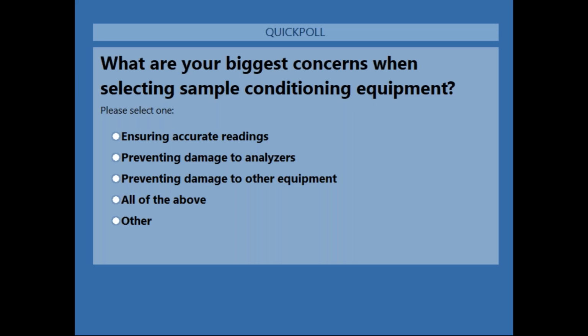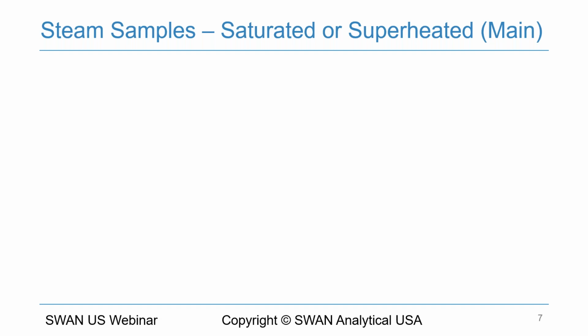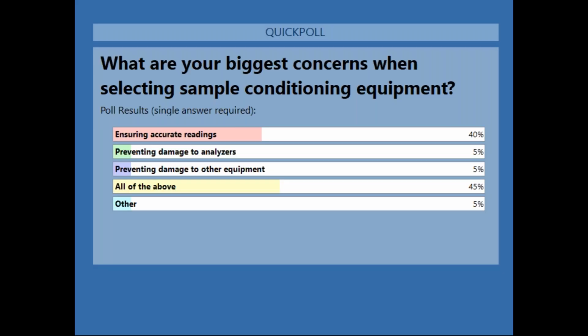A lot of feedback coming in here. Still collecting responses. We'll keep it open for maybe another 5 or 10 seconds. All right, we're going to close the poll right now, and I'll share the results with you.